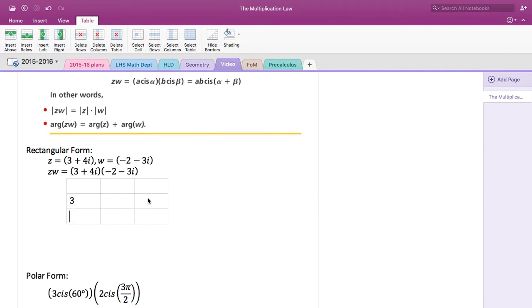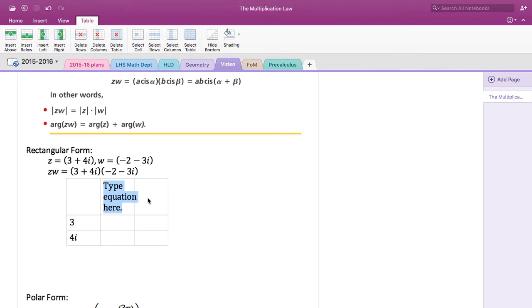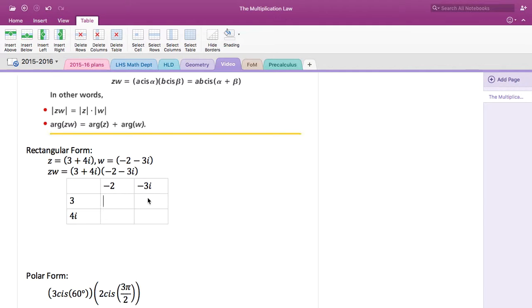So we have 3, 4i, negative 2, and negative 3i in the boxes. In the middle box, we have 3 times negative 2, so we should have negative 6 in there. In the middle right box, we have 3 times negative 3i, which is negative 9i.